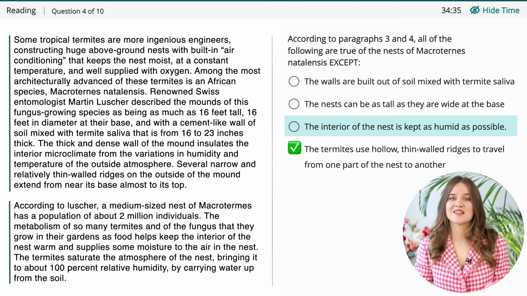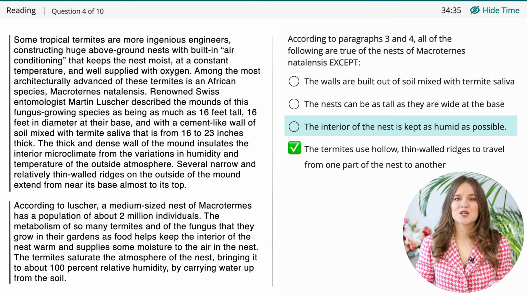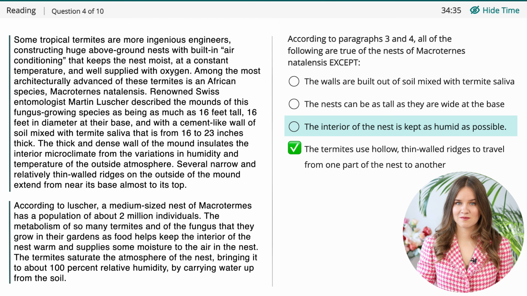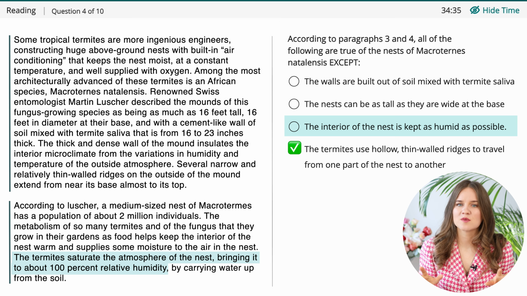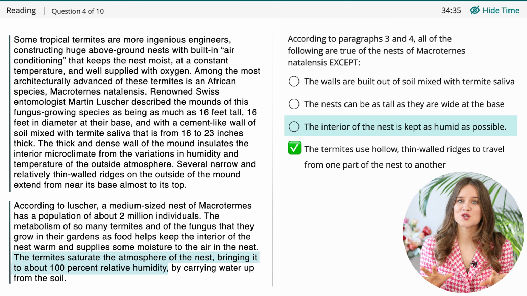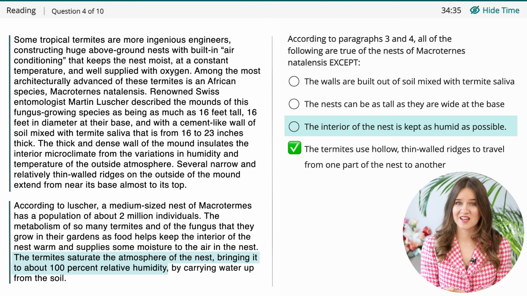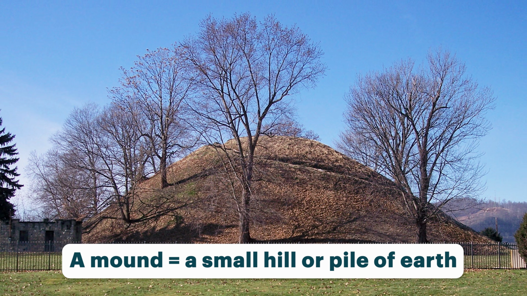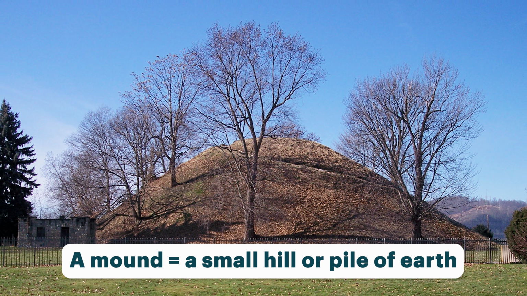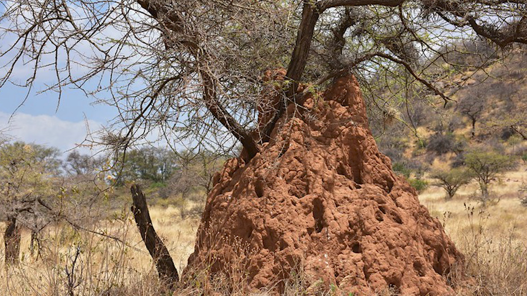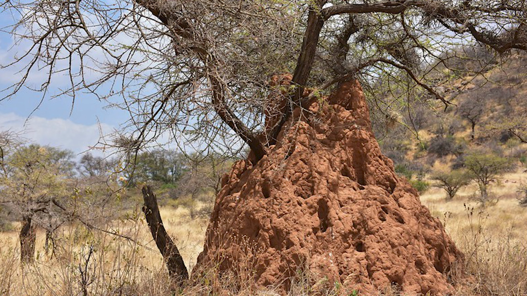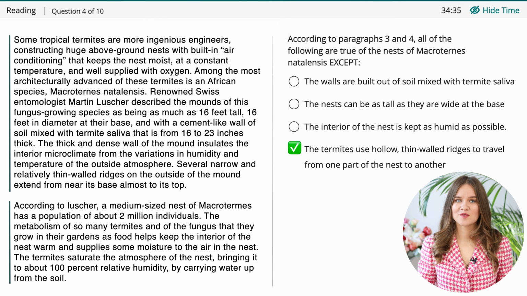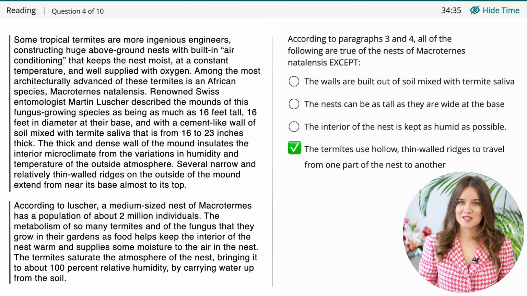The interior of the nest is kept as humid as possible. The text says that termites saturate the atmosphere of the nest, bringing it to about 100% relative humidity. By the way, in case you're wondering, a mound is a small hill or pile of earth. In this context, the words nest and mound basically mean the same thing. Great work! Let's move on to the next one.